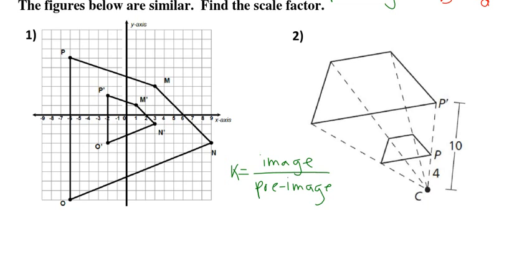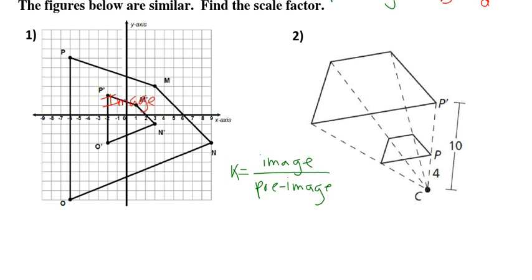And so we have here P prime, N prime, and O prime. So this figure is the image, and the big figure is the preimage, or the original. So this is the new figure. This is the image.